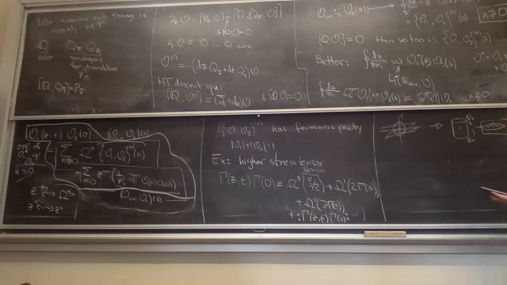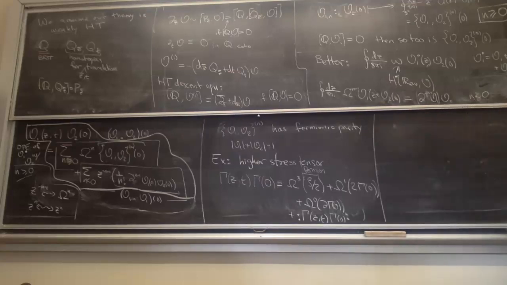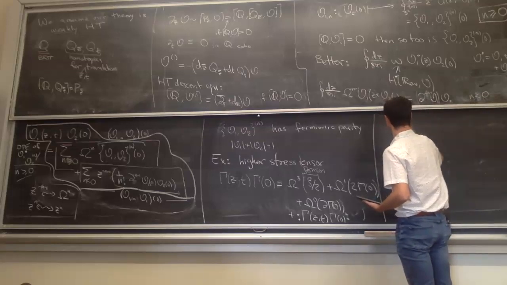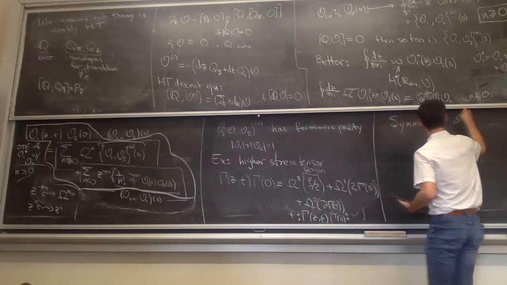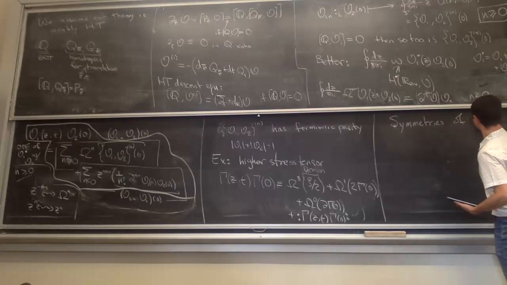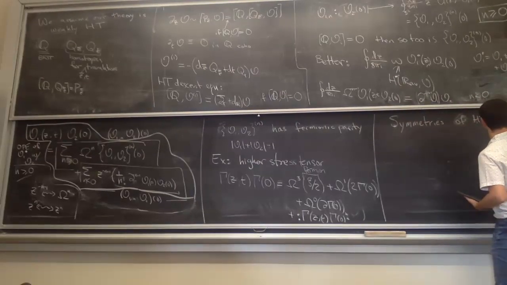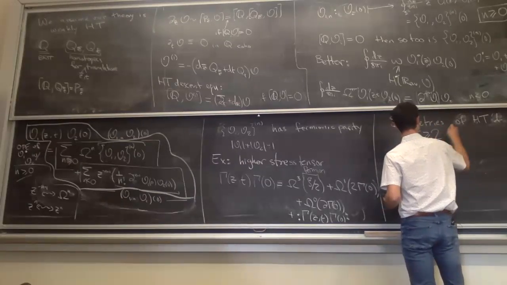So rather than give you a whole load of examples, I want to focus on a particular type of example relevant to quantum field theories with extra supersymmetry. So now I want to turn my attention to the symmetries of holomorphic topological twisted N greater than or equal to 2 theories.